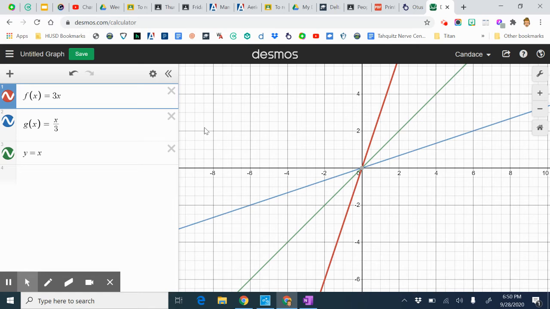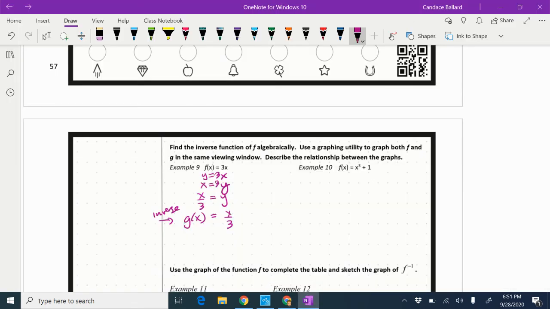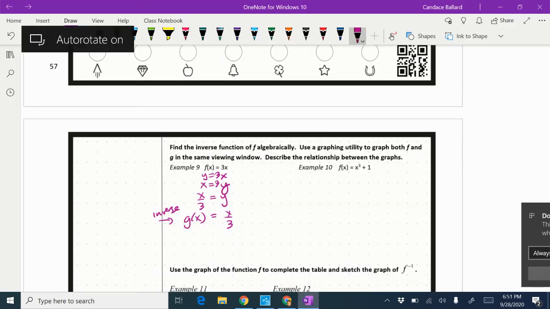For your homework, if it asks you to use a graphing utility, because of the nature of the way we're doing it, you could screenshot this very easily, if you wanted to show me that you are actually trying it in your graphing utility. We are supposed to write down what the relationship is between the graphs.